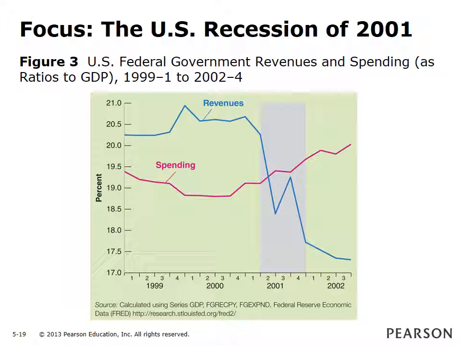Figure 3 shows U.S. federal government revenues and spending as ratios of GDP from 1999 to 2002. Revenues declined and spending increased during the recession of 2001, not only because of the slowing economy, but because Congress implemented an expansionary fiscal policy by cutting taxes and increasing spending.